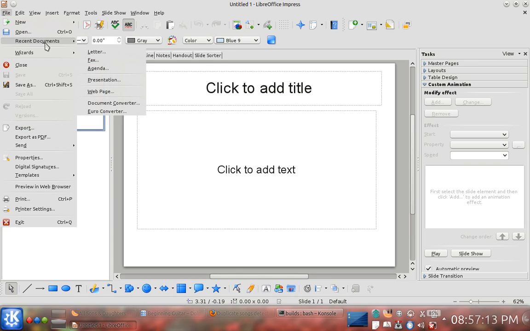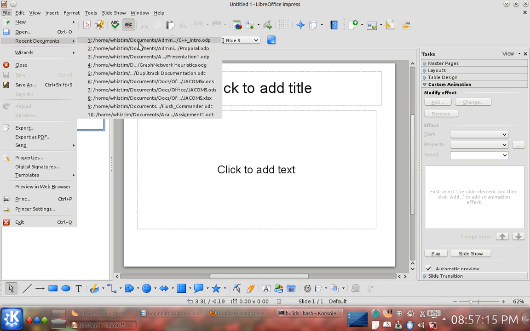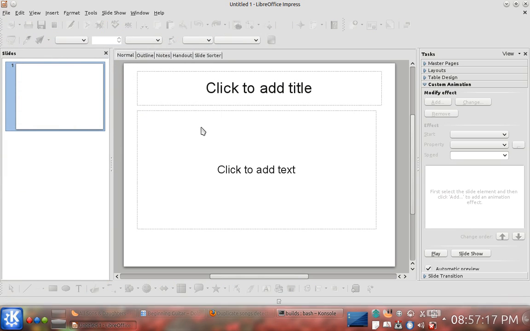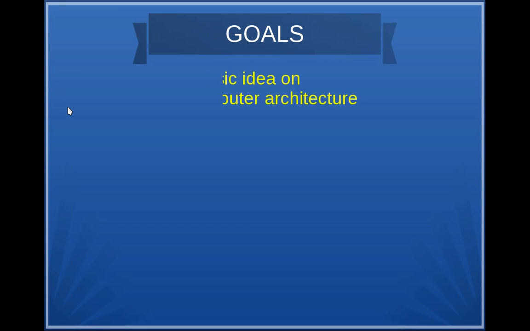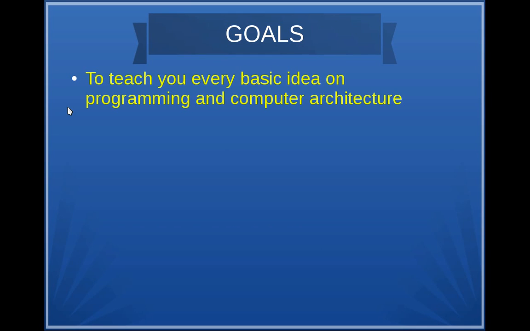Now, going to this slide, we have something here to start with. Here are the goals, and among them is to teach you every basic idea on programming and computer architecture. How does programming relate with computer architecture?